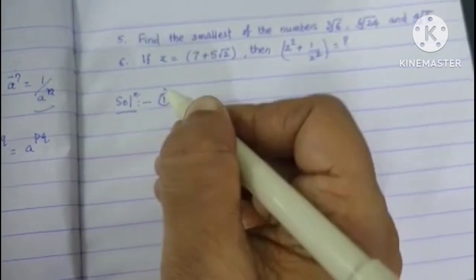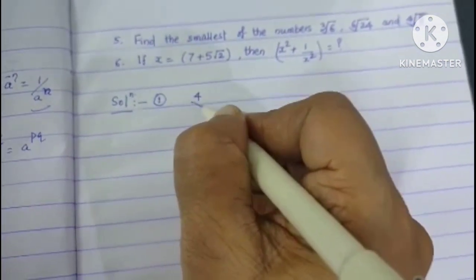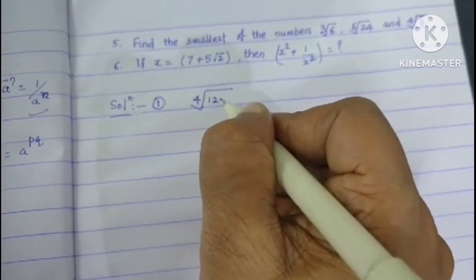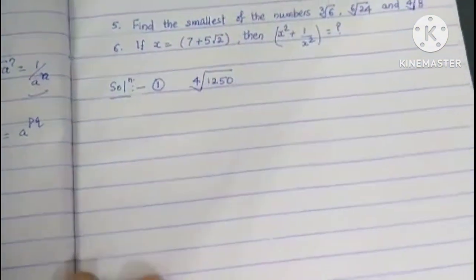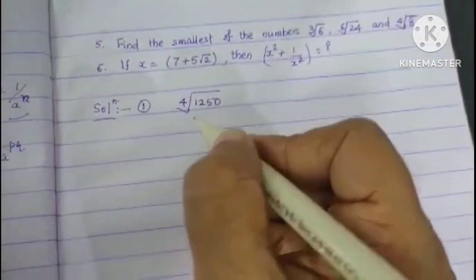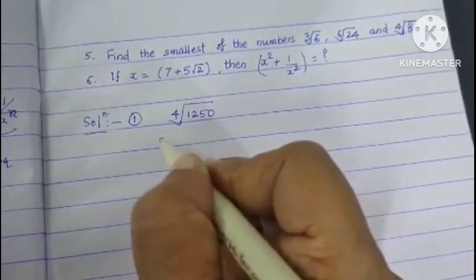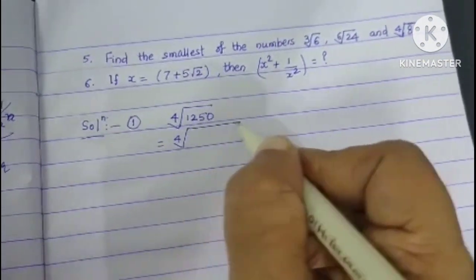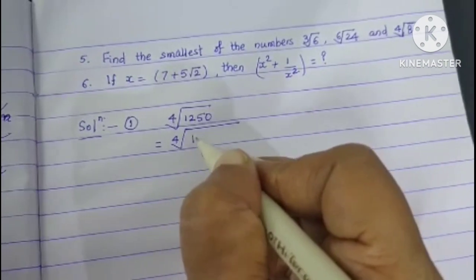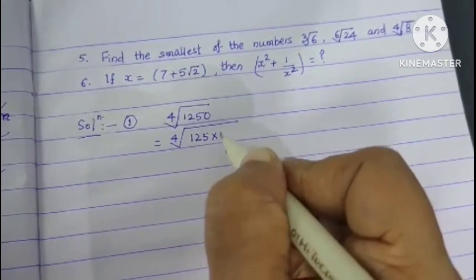Number 1. The question was express fourth root of 1250 in its simplest form. Okay, so how can we reduce it? That is equal to fourth root of, we can write it like 125 into 10.